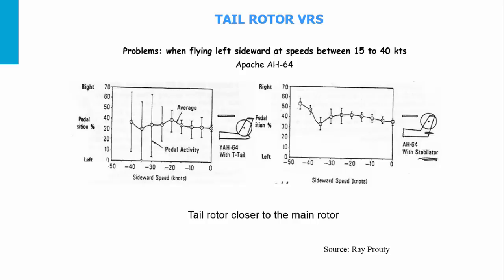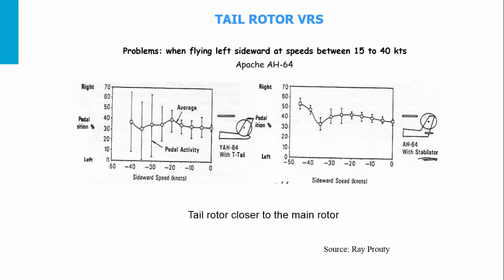The prototype of the Apache H64, on the left-hand side, had a T-tail, and the result was that if you plot the pedal position in the pilot control as a function of the sideward speed, there was a thrust instability, which can be associated with high activity in the pedals in order to maintain heading. So sometimes the pilot could not hold the sideward flight.